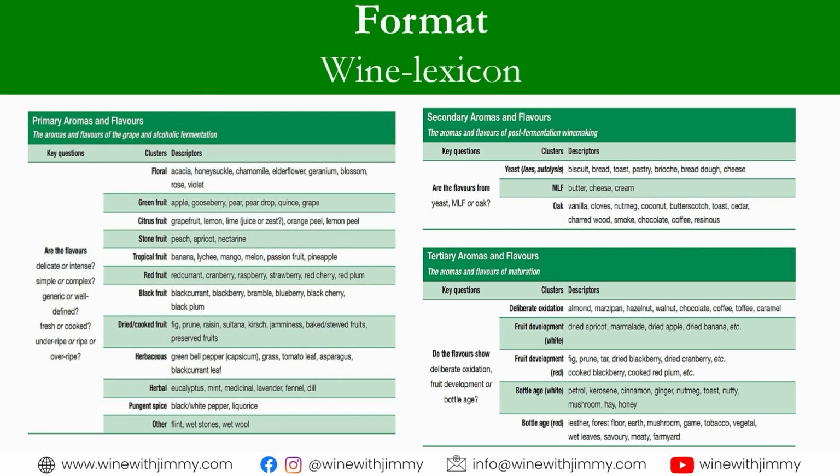And then descriptors in each of those category headings called clusters. We have descriptors in floral like acacia, honeysuckle, chamomile, elderflower, for example. These are the descriptors you will be utilizing in your tasting note to, of course, describe the aromas and flavors found on the wine.